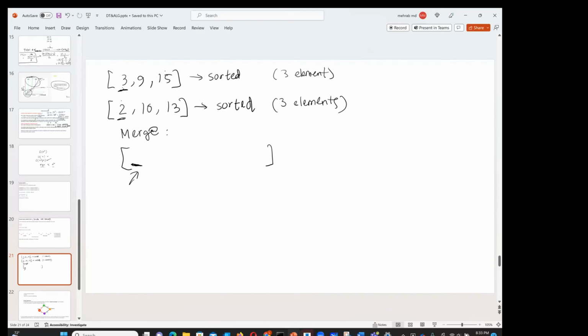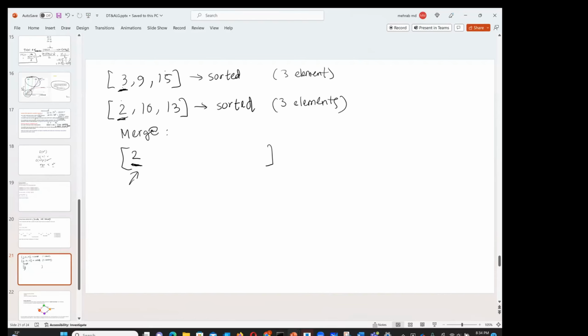Can any other element be smallest except these two? No. No other element can be smallest except these two. So these two are the only candidates to be the smallest, right? So I can compare the first two elements and immediately say that 2 is the smallest element of the whole list. Can I say that? Yes.